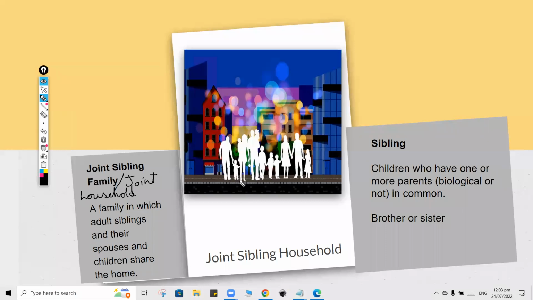Now this family is somewhat ambiguous in the picture, not the family type in words, but in the picture it gets used again for two other definitions. But anyhow, a joint sibling family or a joint household, you see the word joint is very important in this definition, is a family in which adult siblings and their spouses and children share the home, right?